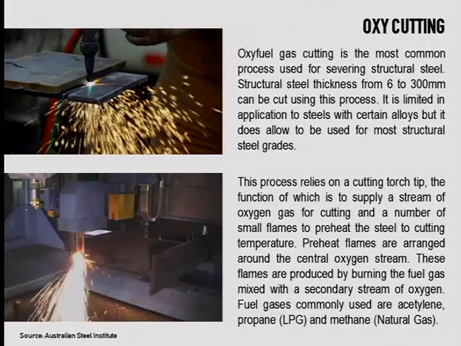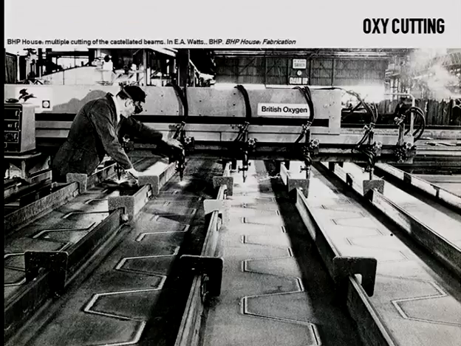But again, most of the times you tend to do it off site if you can. All right, and again, in this case, you see here in the slide from 6 to 300 mil. So it's a very flexible technique to cut steel in a very precise way. Look at this one. This is oxycut, but this is performed off-site. So it's CNC controlled to get these castellated beams.